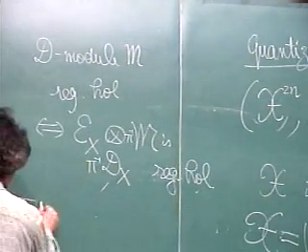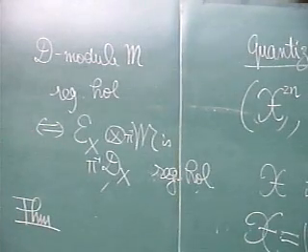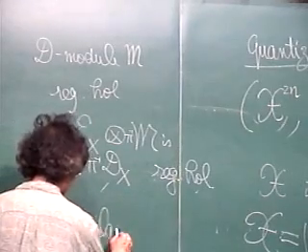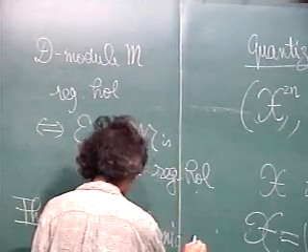And the theorem says the following. You consider regular holonomic, the category of regular holonomic modules.